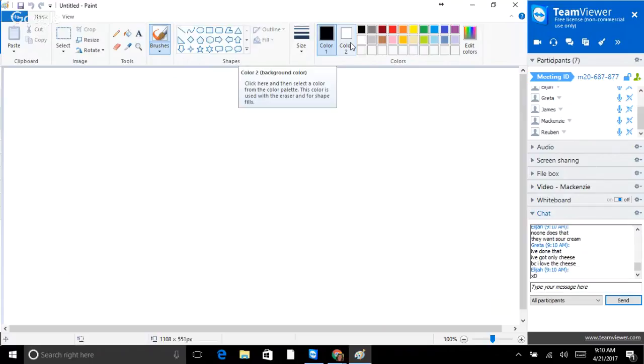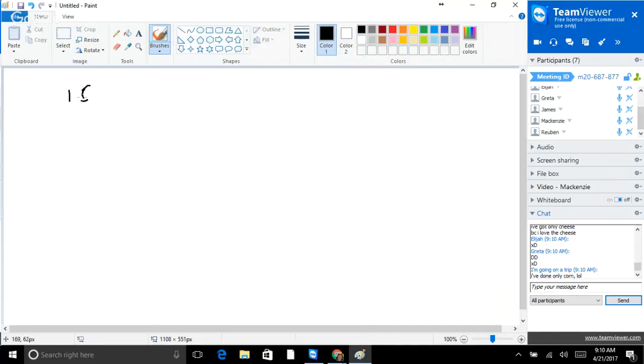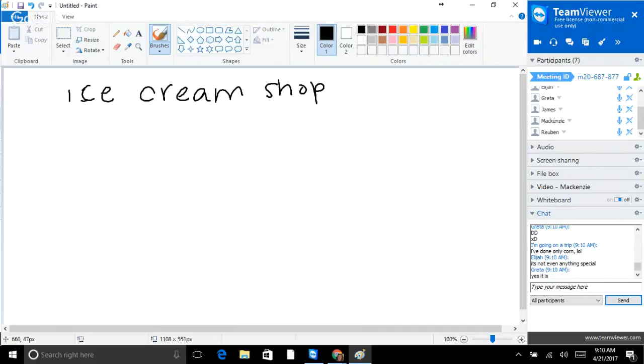Okay, so let's say we go to a very basic ice cream shop. This is my sad ice cream shop with no advertising. Ice cream shop. Okay, and we carry 3 flavors.